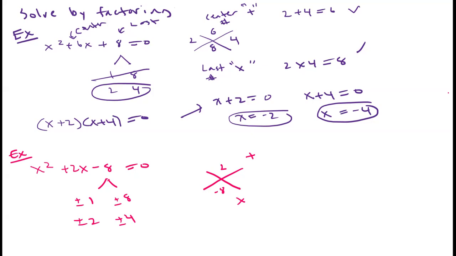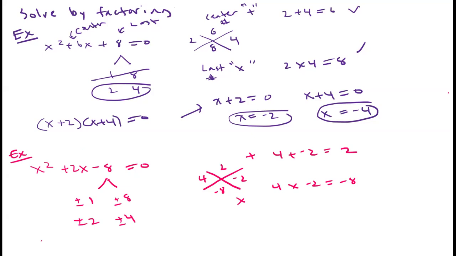So in this case, it looks like 4 and -2, right? If I add them, 4 plus -2 will give me a +2. And when I multiply them, 4 times -2 gives me -8. And that's what I want, right? We want a +2 for the center number, and we want a -8 for the last number. So these are going to be my two factors.